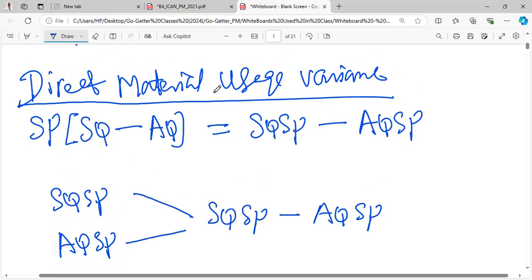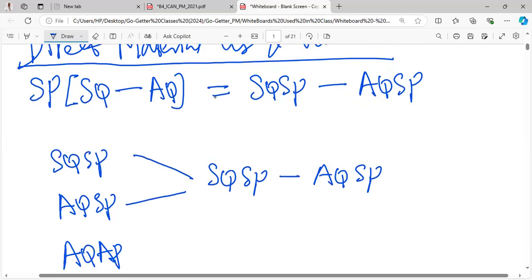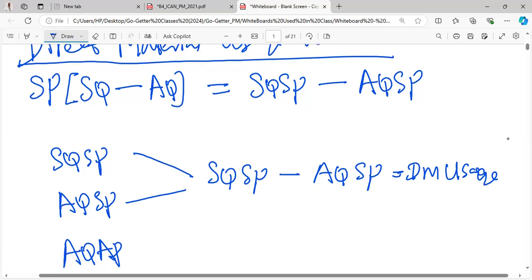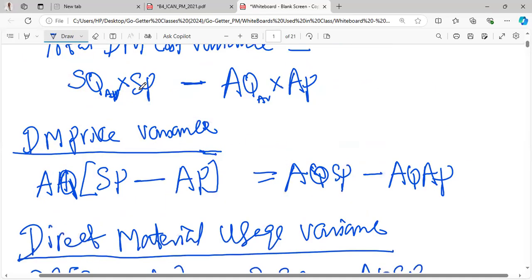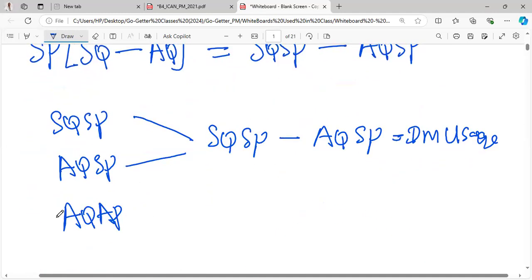I have done usage. So this is direct material usage variance. So you see here, standard quantity, standard price, just as we have it here in the beginning. Standard quantity, standard price, actual quantity, actual price. That is what we have here.